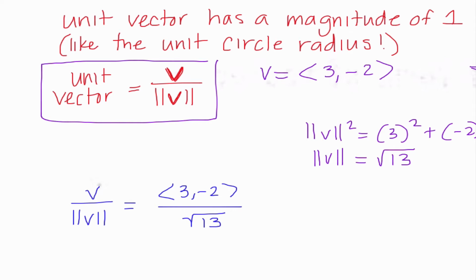Just like multiplying and adding vectors was pretty straightforward, so is dividing. We just need to divide both parts of the component form by radical 13. So I have 3 over radical 13, comma, negative 2 over radical 13.